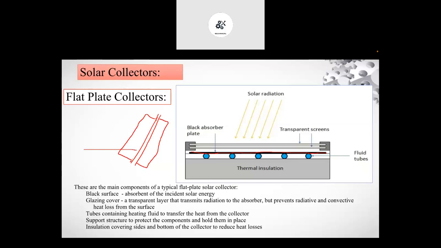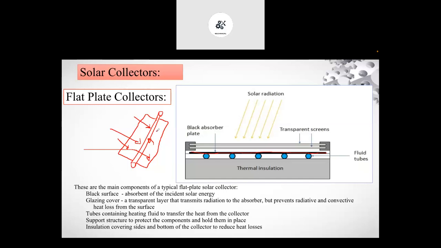So consider the middle is the tube, and on the sides of the tube we attach a sheet, a metallic sheet particularly, which has higher thermal conductivity. So the radiation incident on that sheet, that radiation energy, is transferred to the liquid or water passing through the tube.